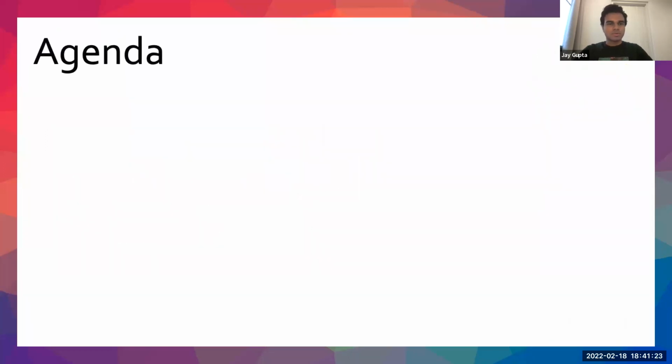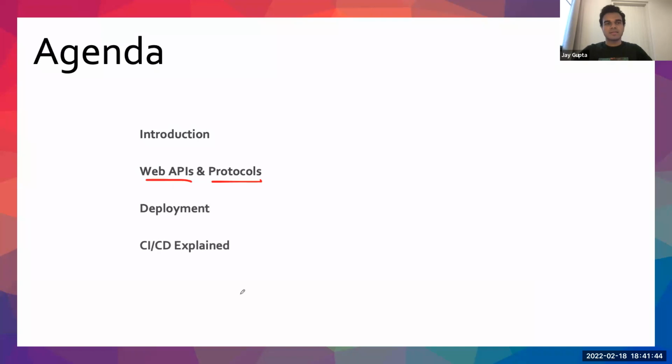So just to go over the agenda for this workshop, firstly, we will start off with introduction, and then we will do a quick recap of the web APIs and the protocols that we learned the last time. After that, we will understand what deployment means when it comes to APIs. And then once we understand that, we need to learn what is CI/CD.